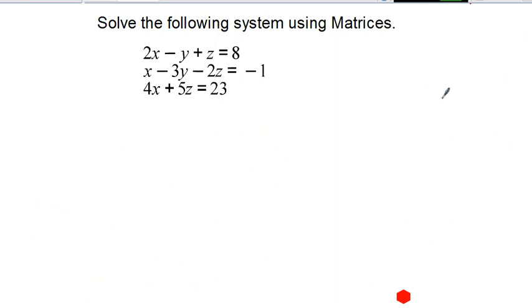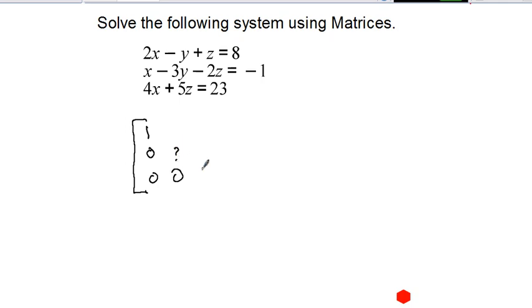So here's an example for you to try. Try to set up and solve the following system using matrices. Don't worry about trying to do it by hand, but use your calculator and go through the steps on your own and see if you can produce a matrix that's going to be in the form here of 1 with 0, 0, and 0 here.